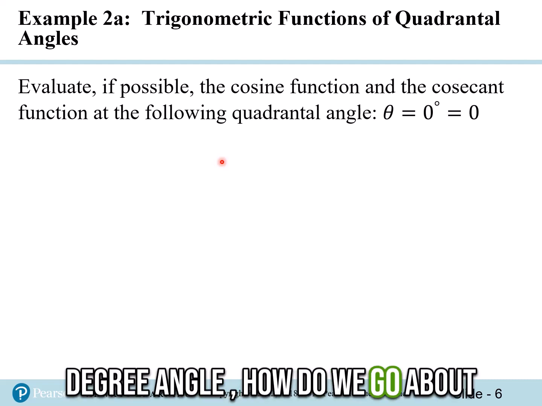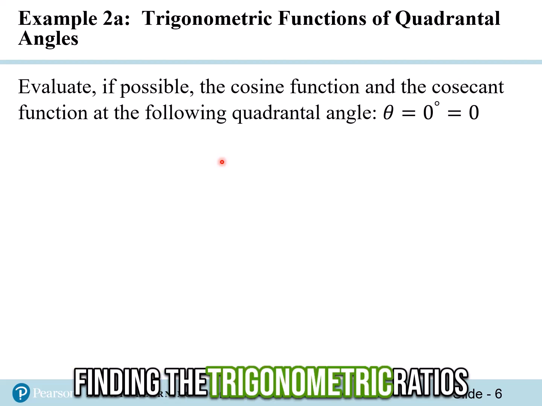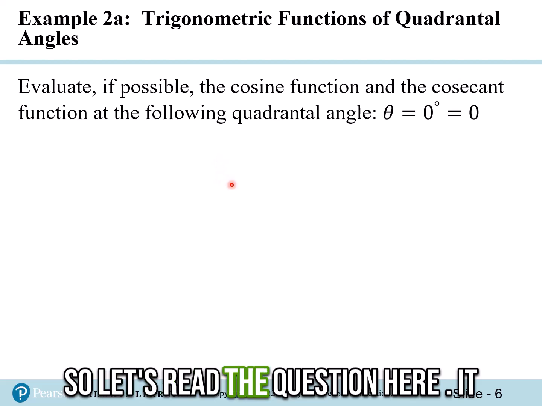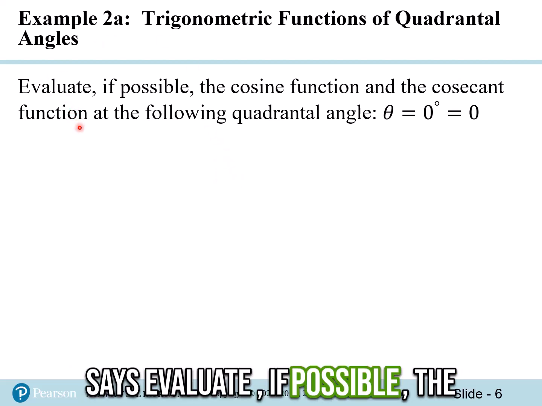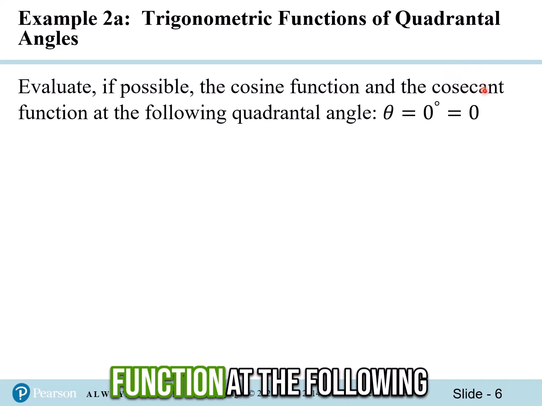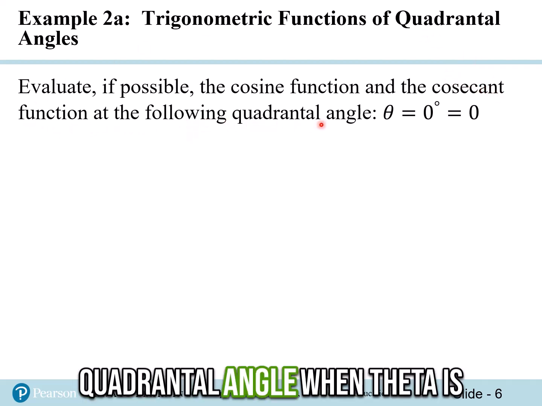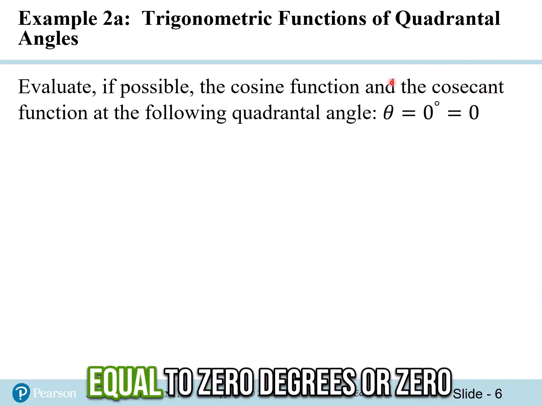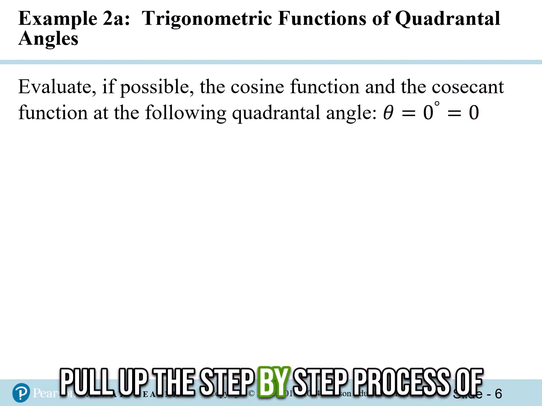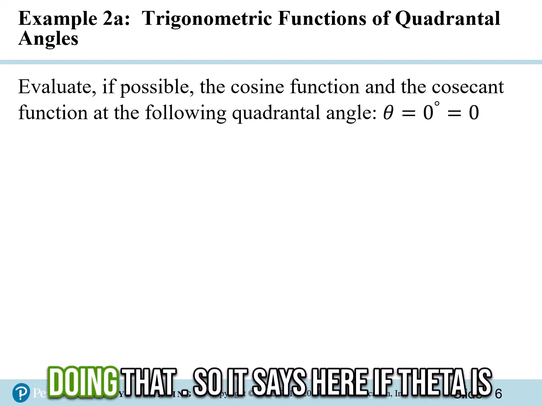How do we go about finding the trigonometric ratios when the angle is on the quadrant? So let's read the question here. It says, evaluate if possible the cosine function and the cosecant function at the following quadrantal angle when theta is equal to 0 degrees or 0 radians. All right, I'm going to pull up the step-by-step process of doing that.